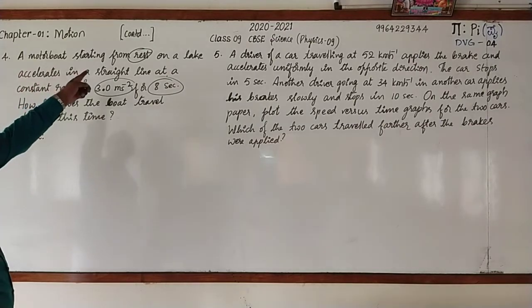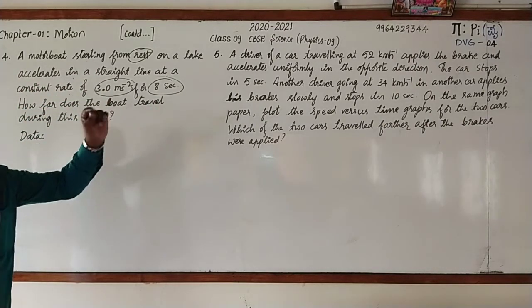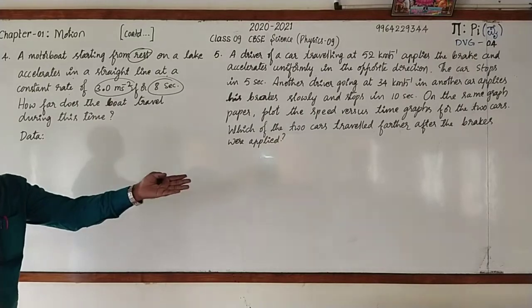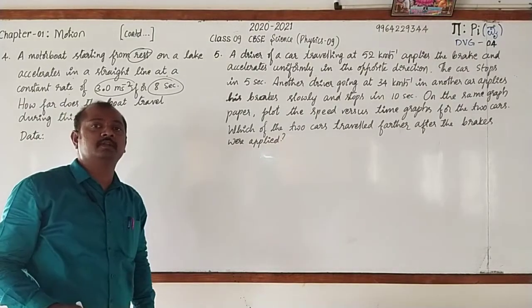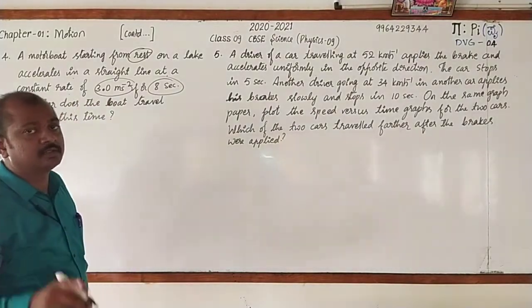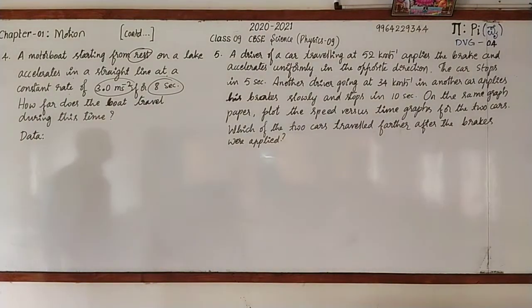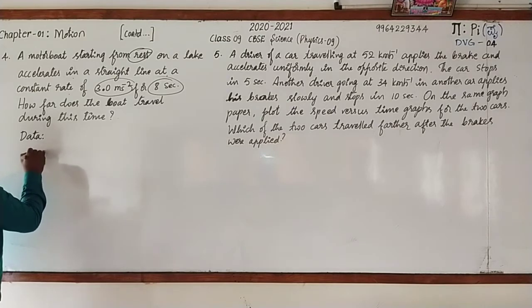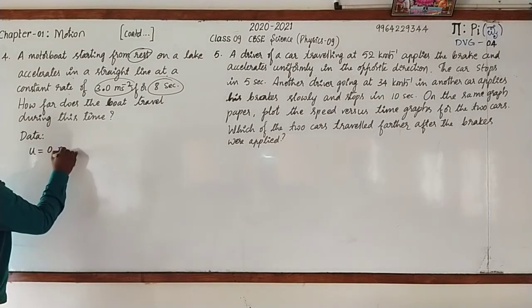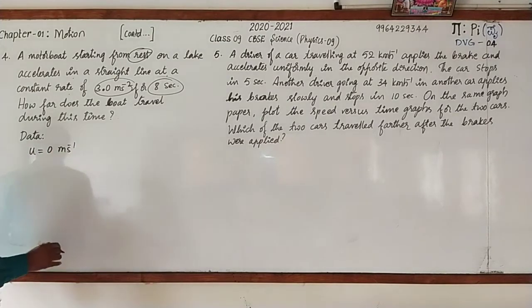A motorboat starting from rest, if it has started from rest, when it was at rest, what was its speed? Yes, it was 0. Then what do you call that speed? It is initial speed or initial velocity. I take that as u equal to 0 meter per second.